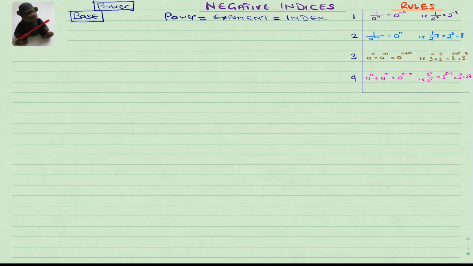Let's try another example. Say 5 times 5 to the power minus 3. In this case, this is pretty obvious. When the base is the same, we add the power. The 5 is actually 5 to the power 1 times 5 to the power minus 3.